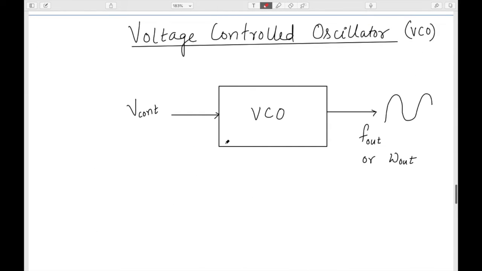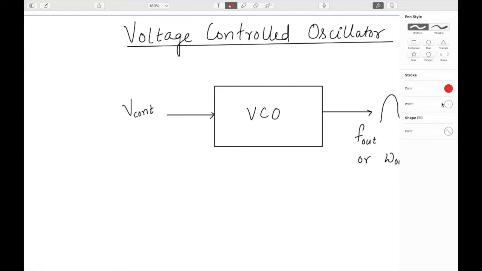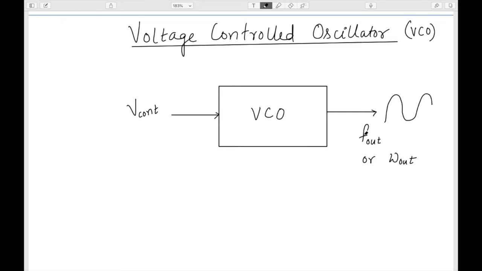So let's go back and discuss the characteristics of the VCO. What is a VCO? As mentioned, it generates a frequency, and it has a direct relation with the control voltage. It is governed by the equation: the f out, or I can write in terms of the omega, so we'll write in terms of omega.